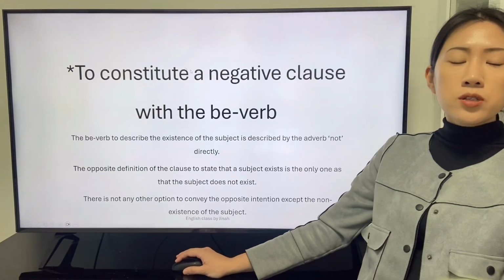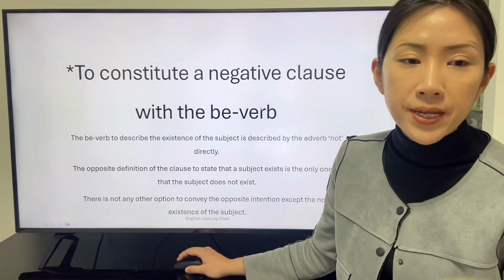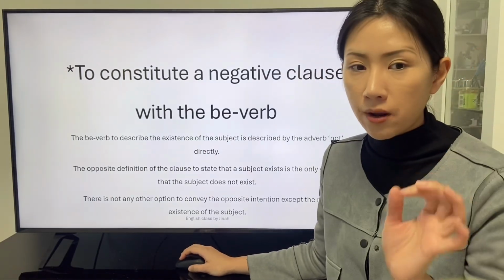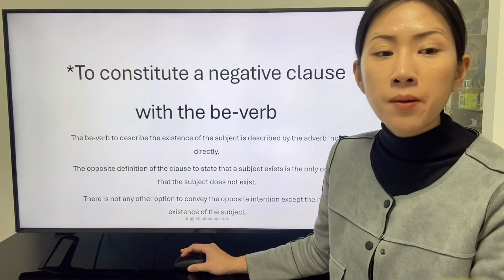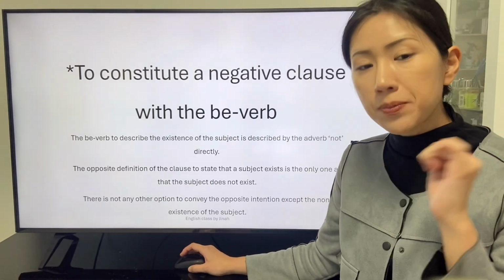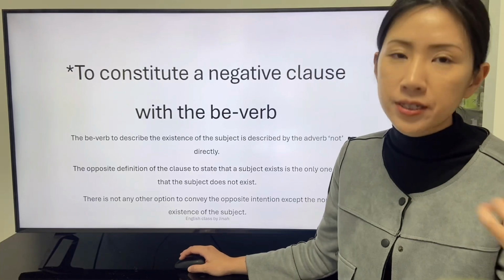Let's study constituting a negative clause with the be verb. The be verb, which describes the existence of the subject, is described by the adverb not directly.